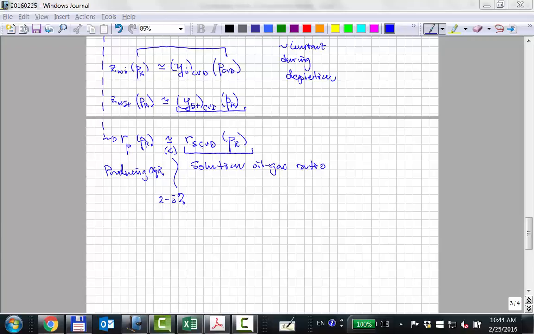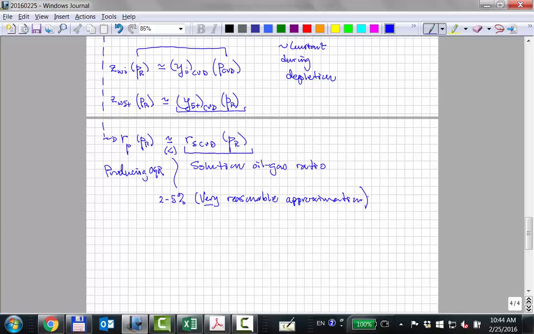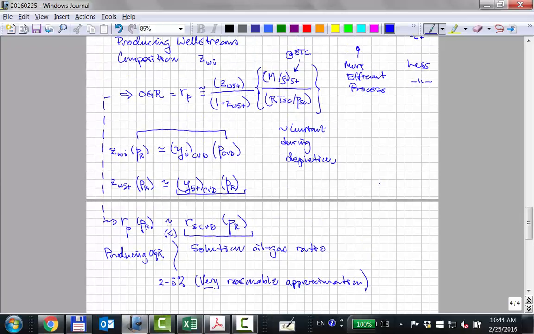And using the CVD solution oil gas ratio will be a little bit optimistic, but not too bad. Okay? So I'd call it a very reasonable approximation for doing base economic calculations and so forth.